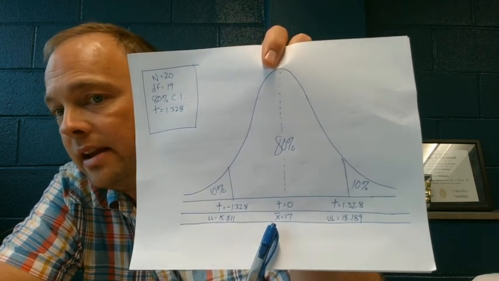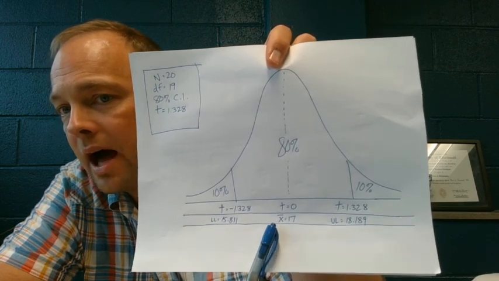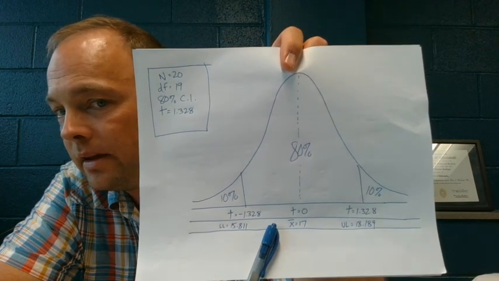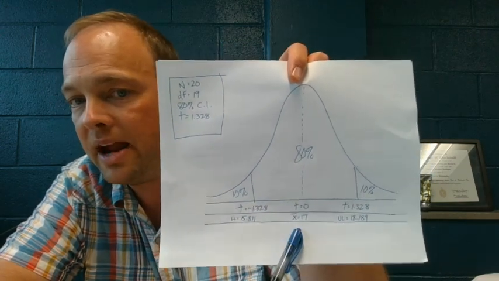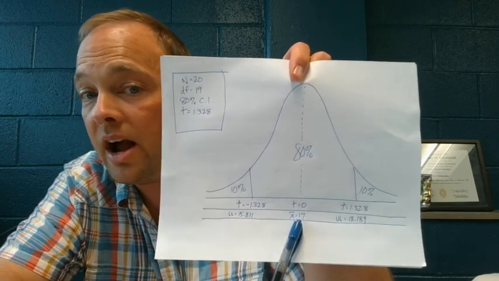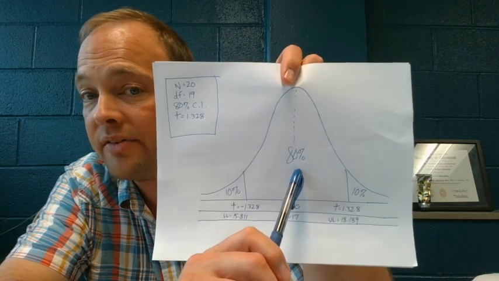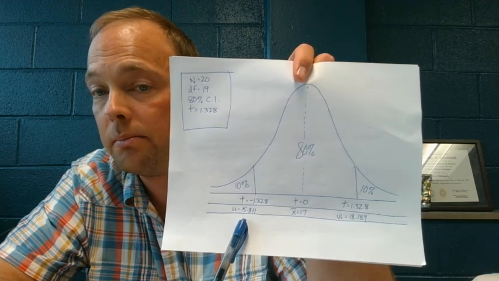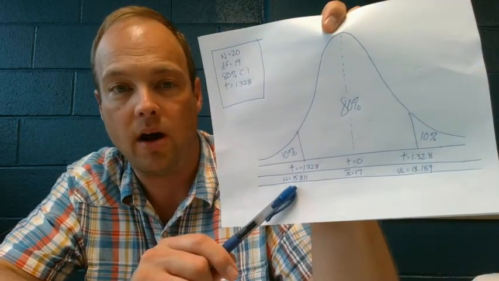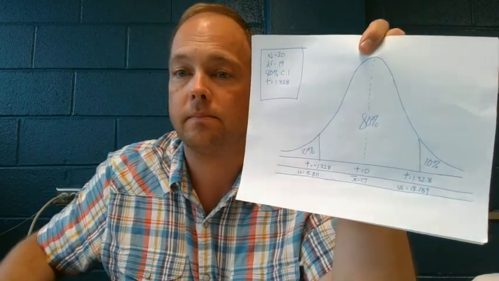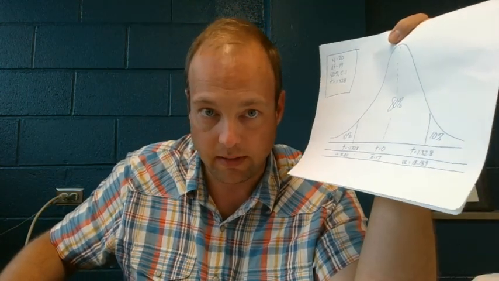A mean of 17 may or may not be accurate, may or may not be a good estimate of the population from which it came, but we are now 80% confident that the true population mean falls somewhere between 15.811 and 18.189. Shoot, can't find it. There we go.